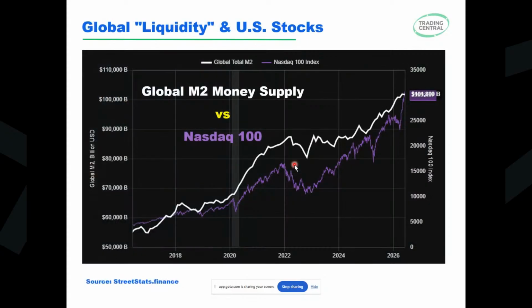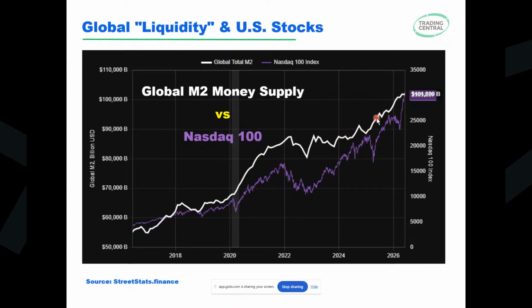This is more important. If you check my webinars for the past several months, you will see that I bring this up every time. This is the global M2 money supply, the money supply by major central banks in the US, in Europe, in Japan, in China, also in Canada. You can see that the white line is always increasing.